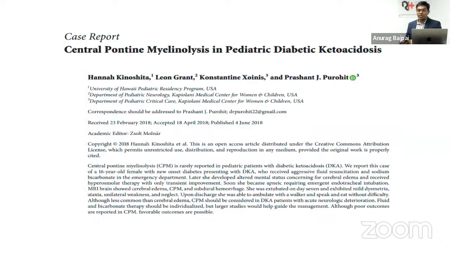According to case reports, what I would like to highlight is that in diabetic ketoacidosis, generally cerebral edema and hyponatremia occur. But in a case reported in the USA, where the cerebral edema was treated, there was bicarbonate-induced cerebral edema, and in that case they gave rapid correction and the patient developed ODS.